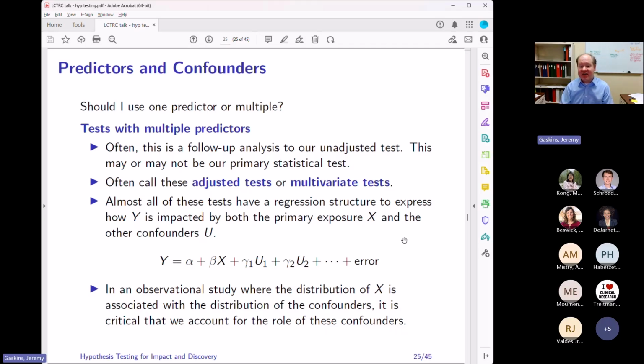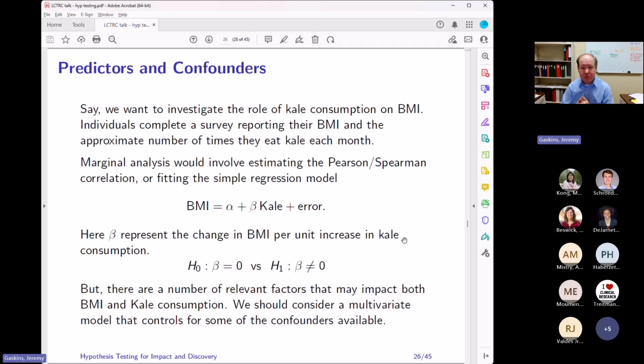Is there a relationship or an association between my primary exposure X and my outcome Y? And so I'm going to use this regression type structure to assess that. And I'm going to use my various confounders U1, U2, and so on to adjust or control for their impact both on my exposure and on the outcome.